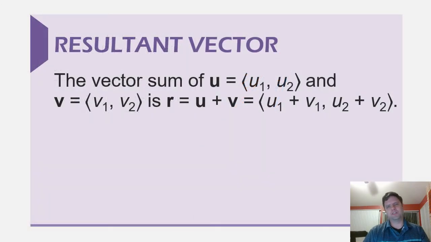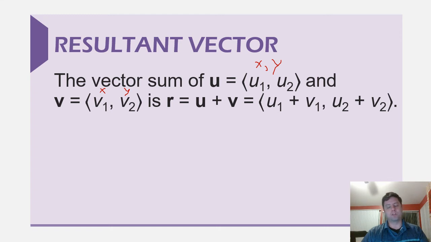So a resultant vector is just whenever we sum two other vectors, like in this case, u and v. You'll see a lot of this kind of notation where the measurement of u, which normally you'd think of as x comma y, a lot of times we'll just write as u1, u2. And then for v, again, this would be the x coordinate and the y coordinate.